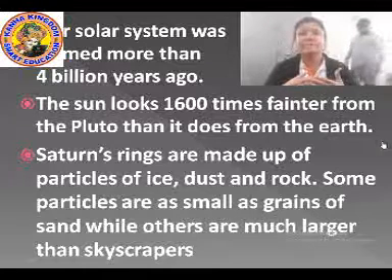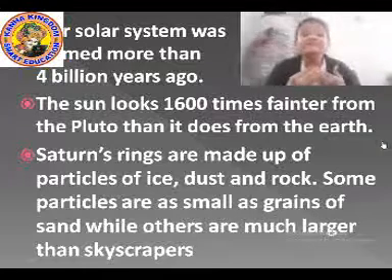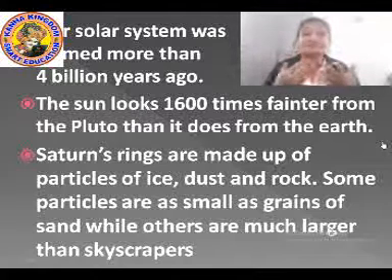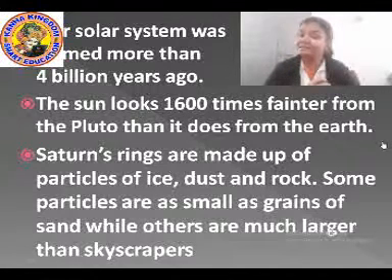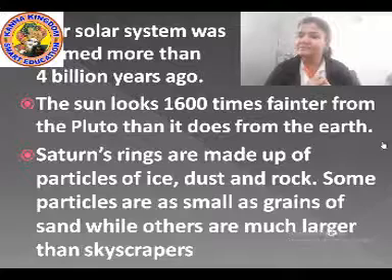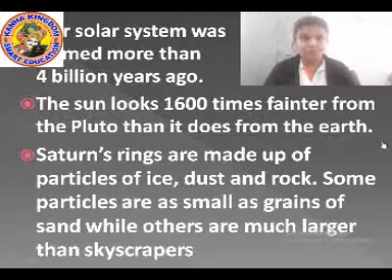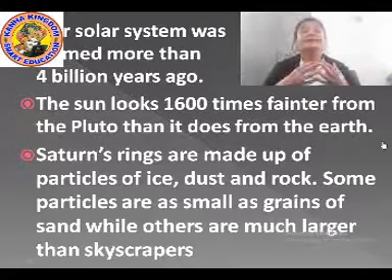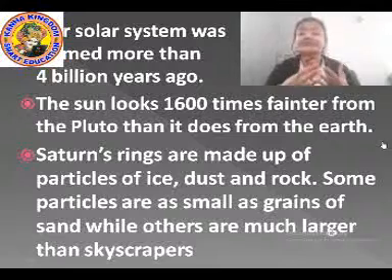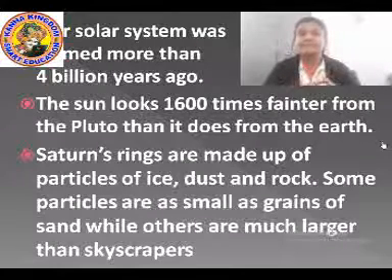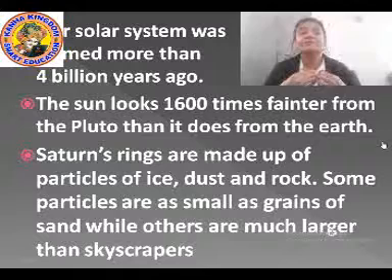Why? Because Pluto is very far from the sun. This is one reason. When we see the sun from planet Pluto, it looks 1600 times fainter than we see it from the earth.